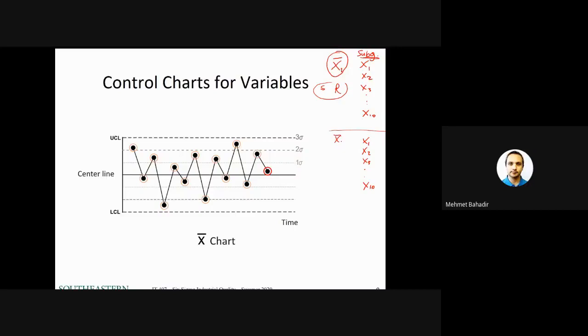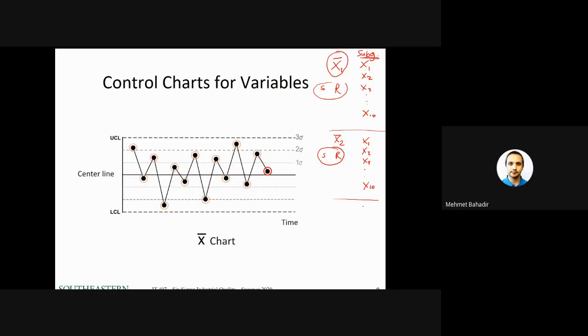This time we call that x bar 2, because this is my second subgroup. And again, for that second subgroup, you calculate either the standard deviation or the range. Then a few hours later, usually those periods between each collection have to be equal to be consistent.